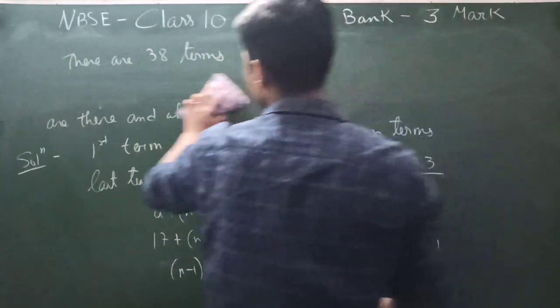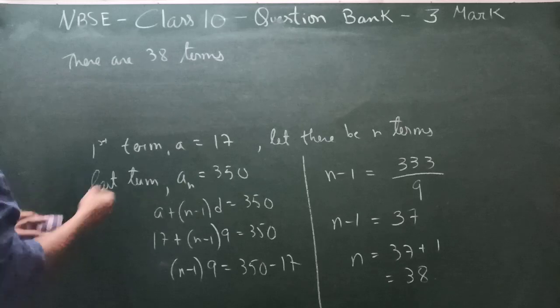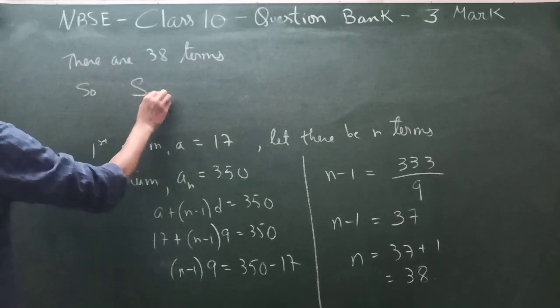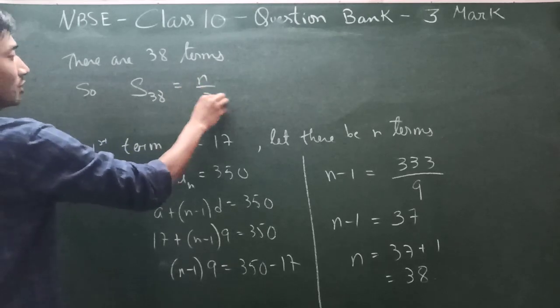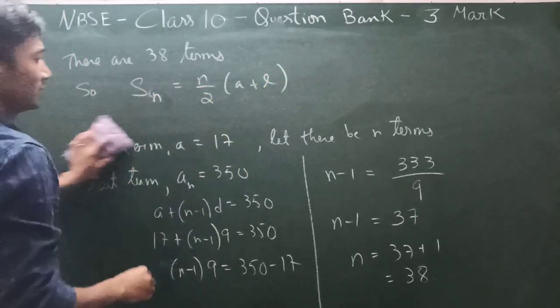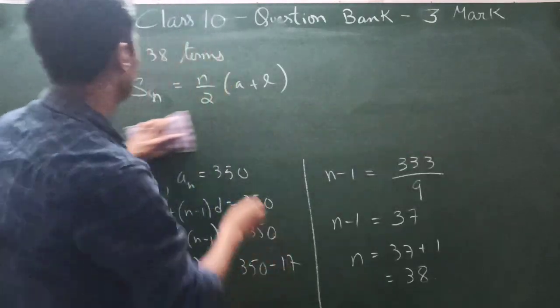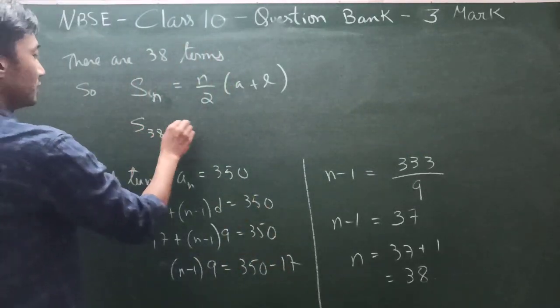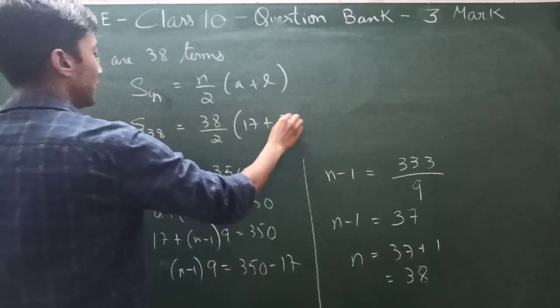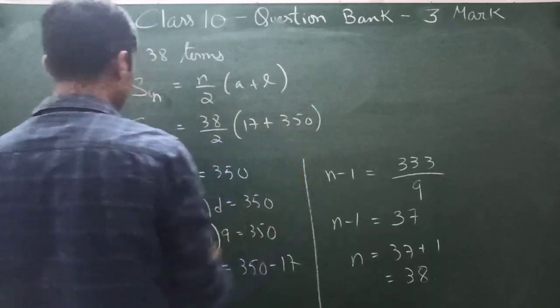Alright, so we will just go on to find the sum also. No problem in learning something extra, even though it's not asked for the exams. So for the sum of 38 terms, we will be using the formula Sn is n by 2 into a plus l. The sum of 38 terms is 38 by 2 into a plus l, where l is the last term, that is 350.